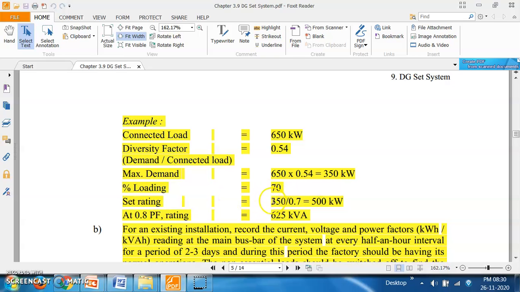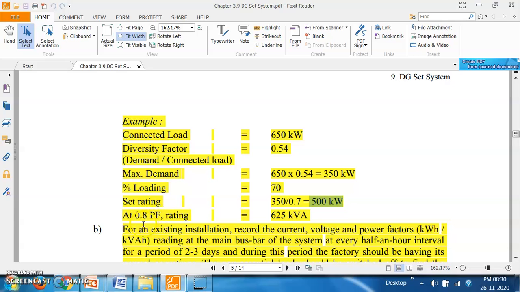Now to produce 350 kilowatt with 70% loading capacity, this much capacity, you require 500 kilowatt. And in addition, now you need to incorporate power factor. So all the loads have a certain power factor. You assume that it is a 0.8 power factor.